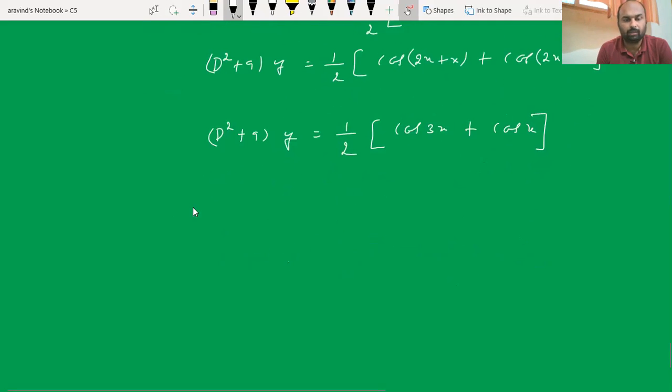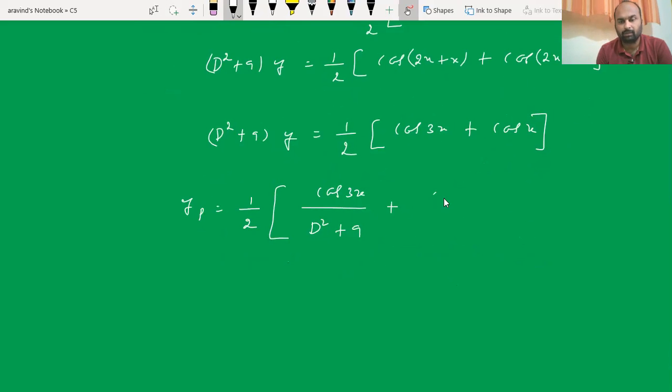Now, the particular integral is denoted by yp is equal to 1 by 2 into cos 3x by (D square plus 9) plus cos x by (D square plus 9). So you take this as P1 and take this as P2.